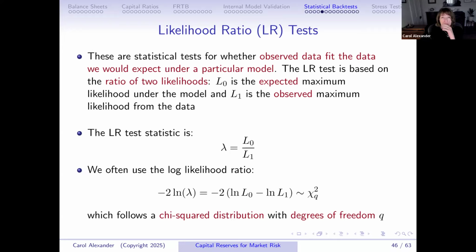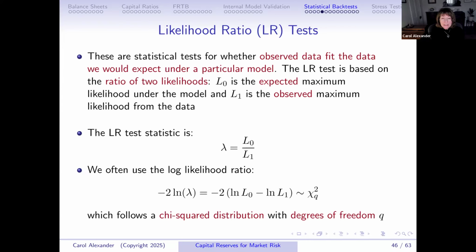Multiplication is difficult for finding the maximum, because you have to differentiate. So instead of the actual likelihood, we prefer the log likelihood, because that turns a product into a sum, and it's easy to differentiate a sum.